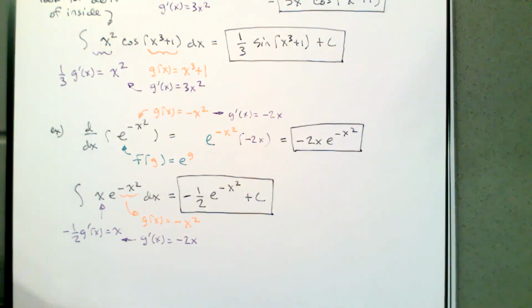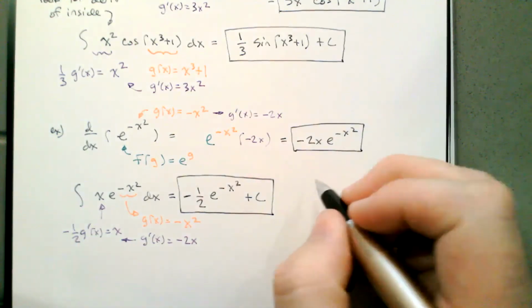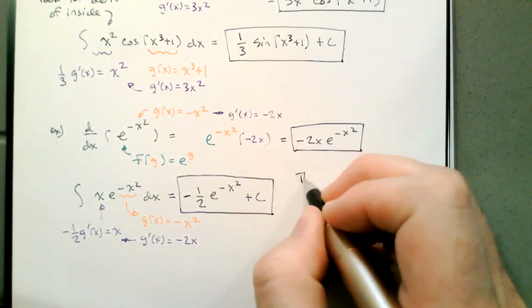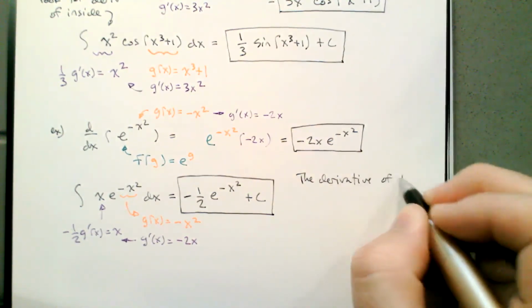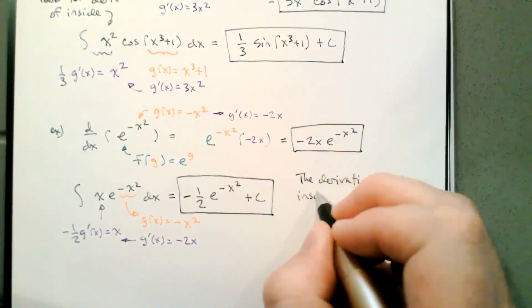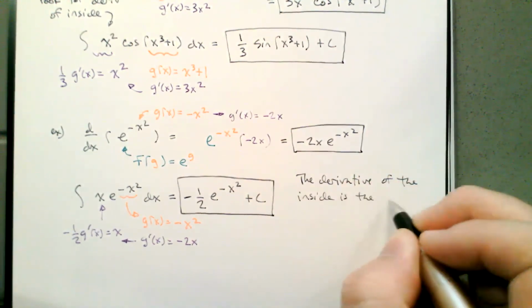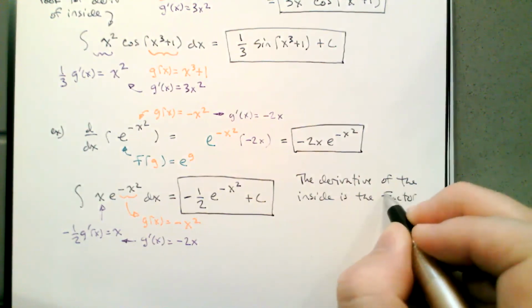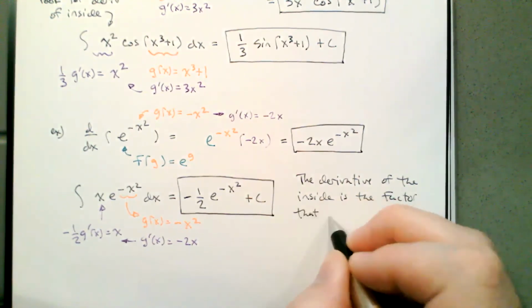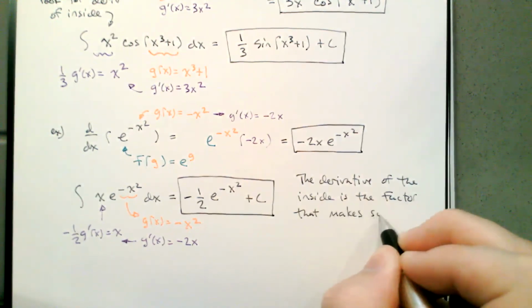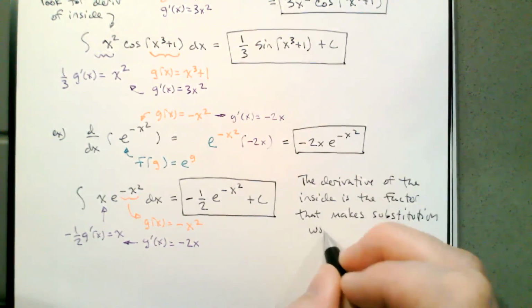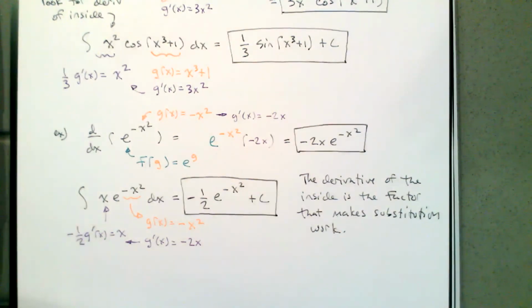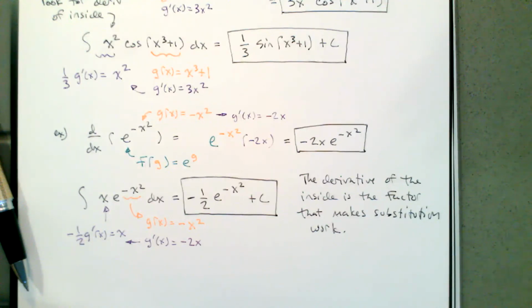So we're looking for the derivative of the inside to make substitution work. The derivative of the inside is the factor that makes substitution work.